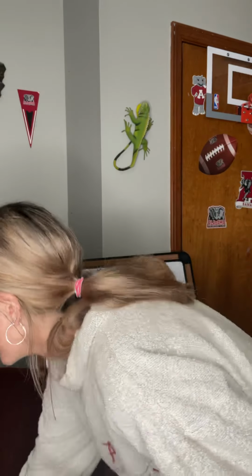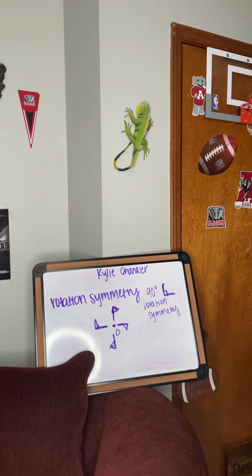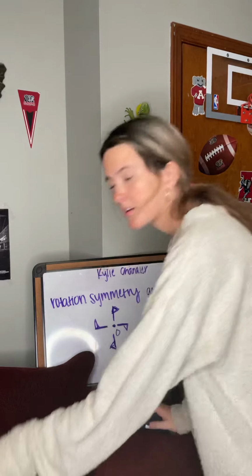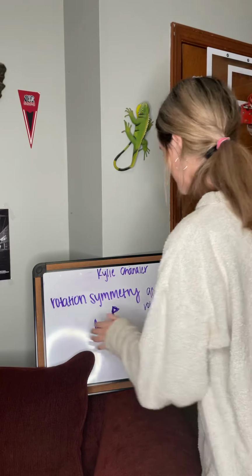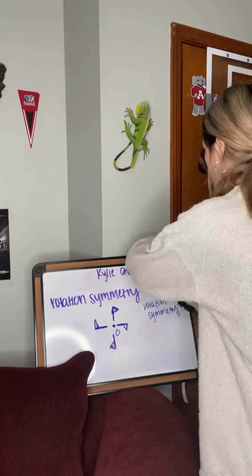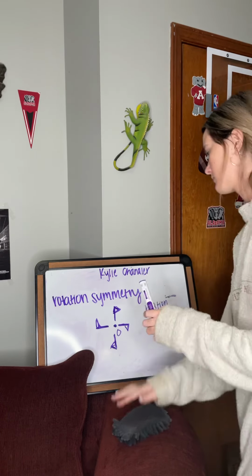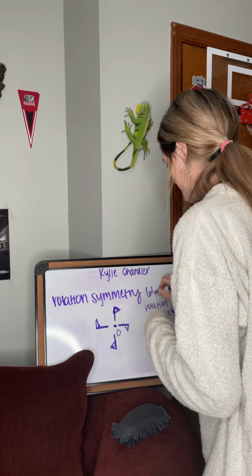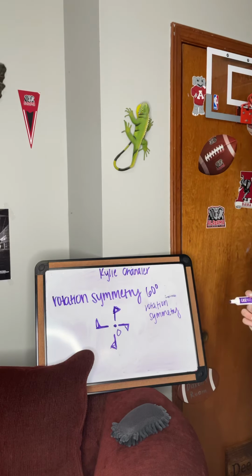And then another example of this is going to be the same one, but instead of 90 degrees, we're going to do 60 degrees. We can also erase that angle. 60-degree rotation symmetry.